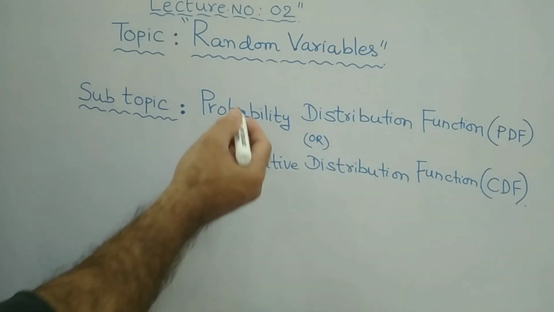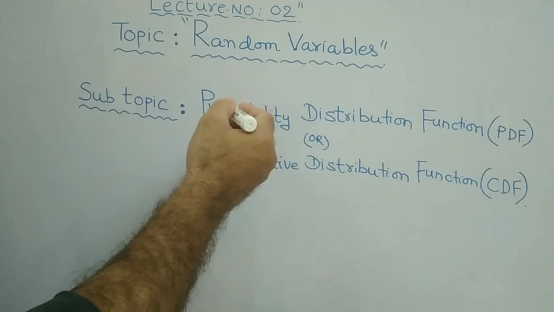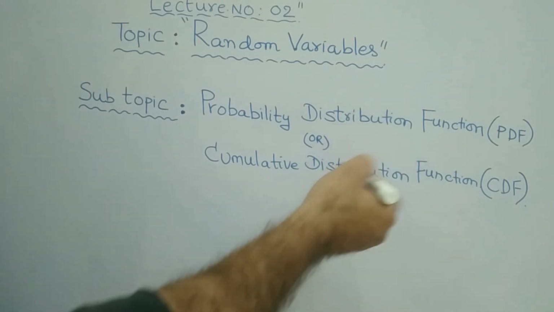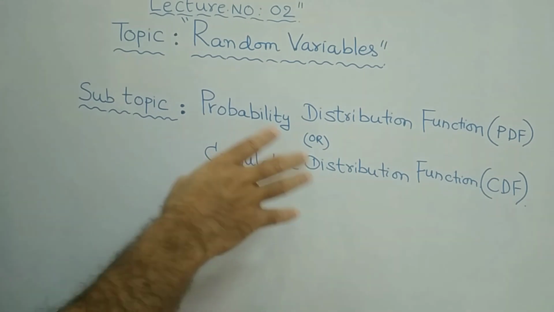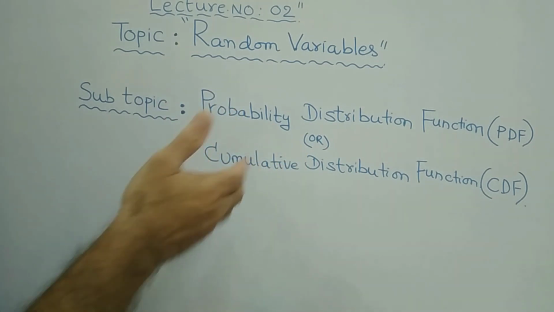So this probability distribution function can also be called the cumulative distribution function. This is what I am going to cover in today's presentation.